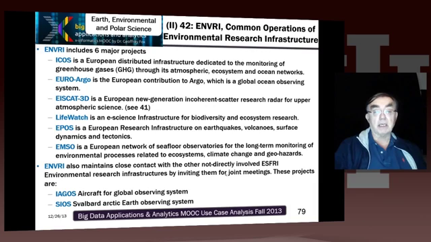LifeWatch we actually did earlier. EPOS is an earthquake, volcano, and surface dynamics tectonics observatory. And EMSO is a seafloor observatory under the ocean for long-term monitoring connected to the ocean ecosystems, which feeds into climate change and other types of studies.